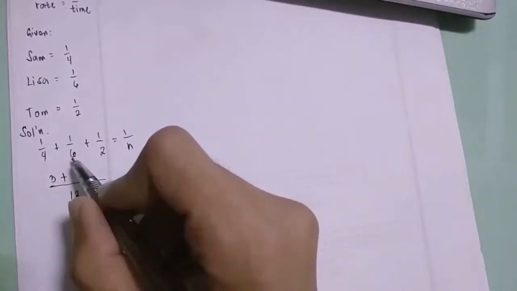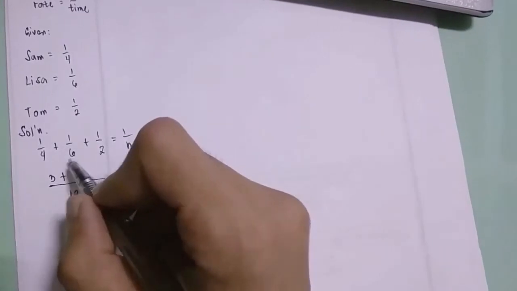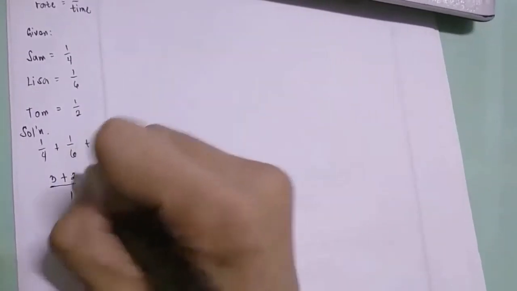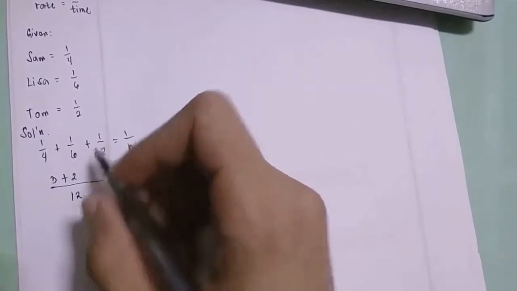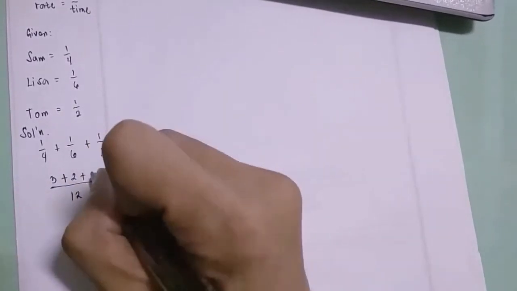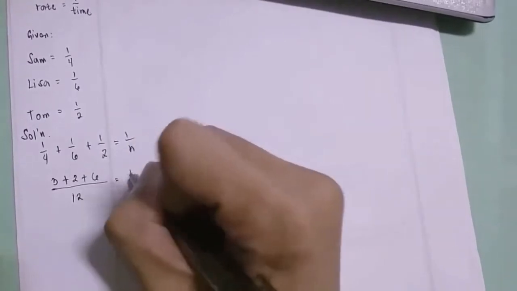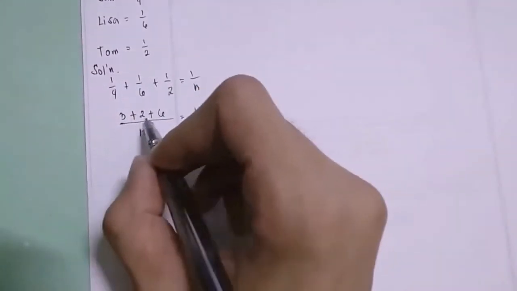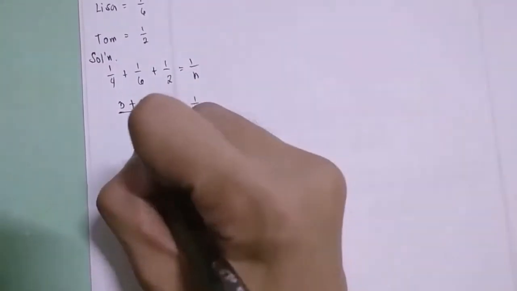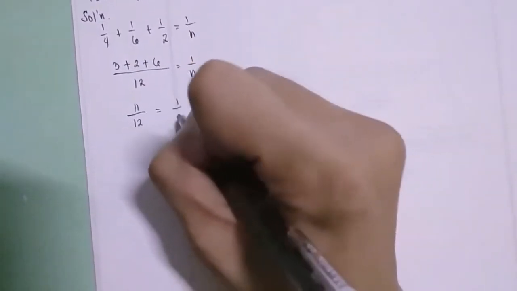Plus 12 divided by 6 is equal to 2 times 1 is equal to 2. 12 divided by 2 is equal to 6 times 1 is equal to 6, is equal to 1 over n. Okay, since they already have the same denominator, let's get a total of this. 3 plus 2, 5 plus 6, 11. 11 over 12 equals 1 over n.